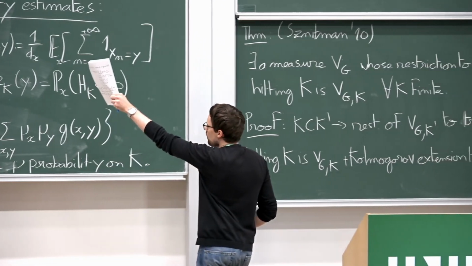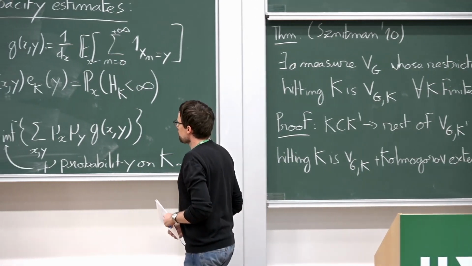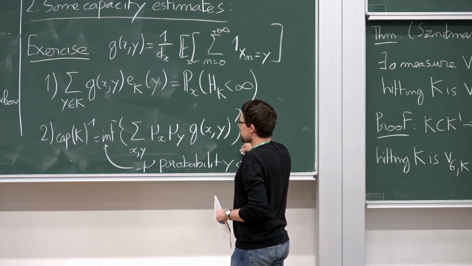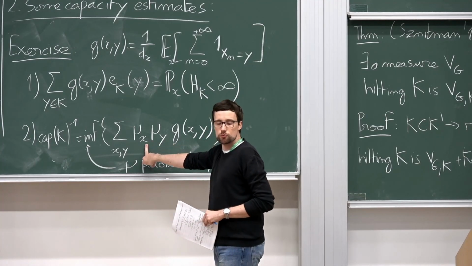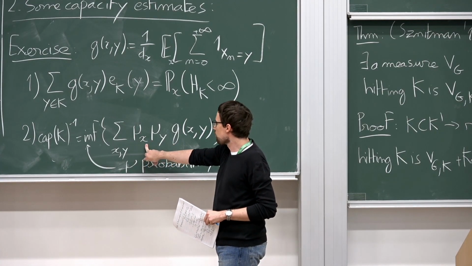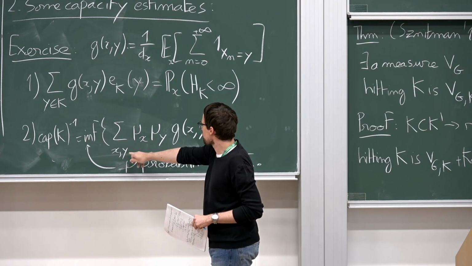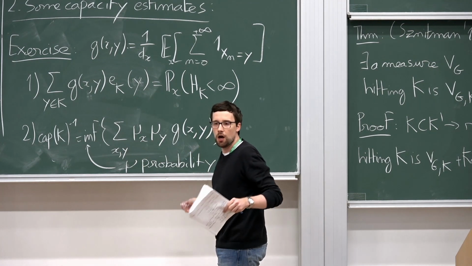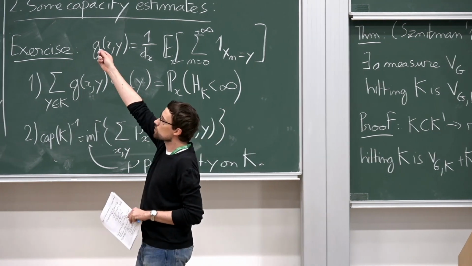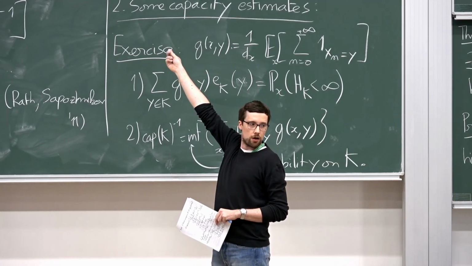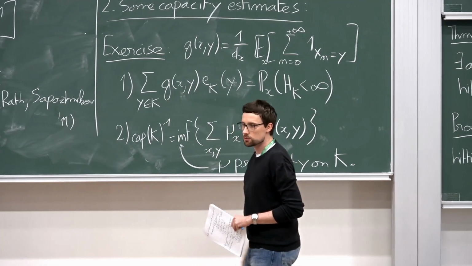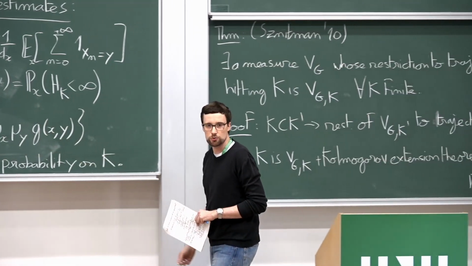For formula 2, for the lower bound, you need to use this formula, but you just take mu x to be constant, so 1 over the cardinality of K. And then you just need to sum the Green function, and it turns out that if you sum it, you will get exactly the above result. The Green function is about the distance to the minus (d minus 2), right?